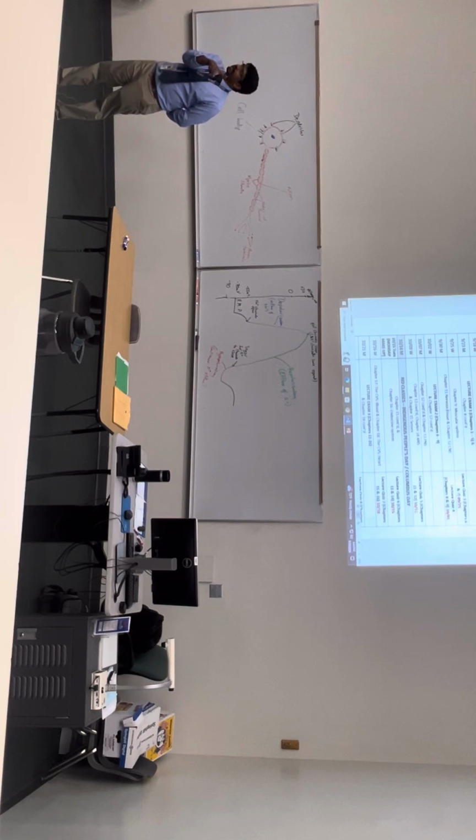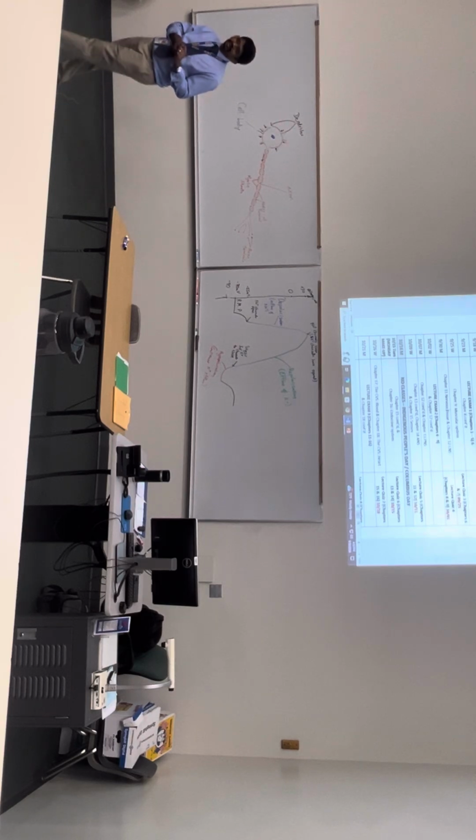No. Again, these are fibrous joints, right? What are the 2 types of cartilaginous joints? Symphysis and synchondrosis. They vary by 2 things. What are the 2 things they're different by? What differentiates the 2?